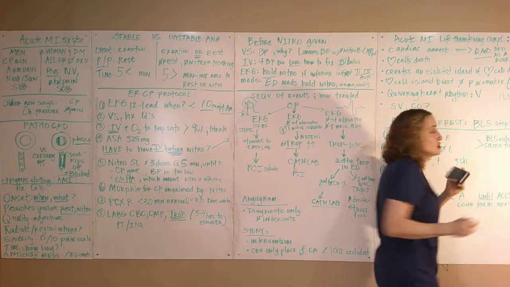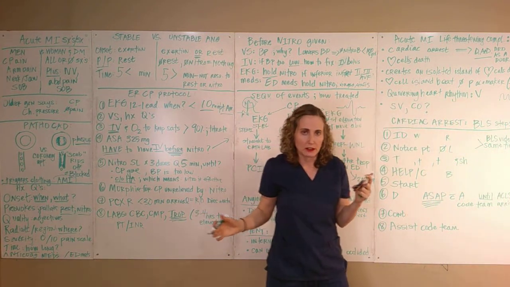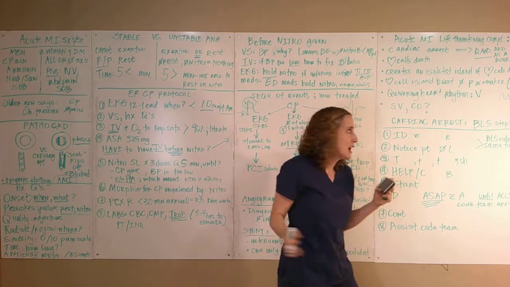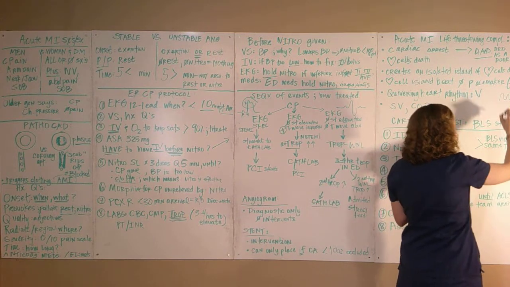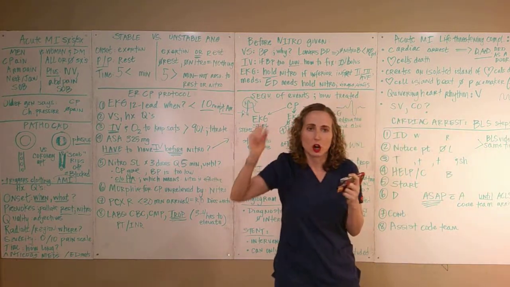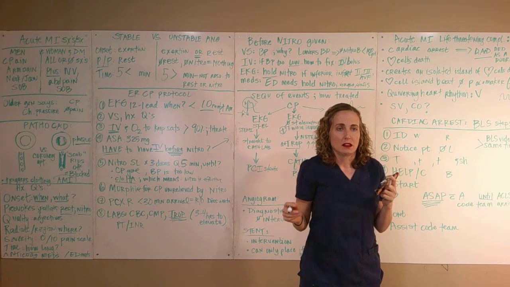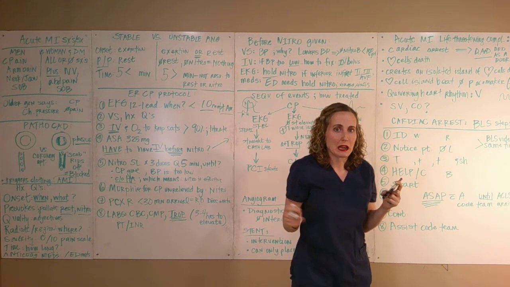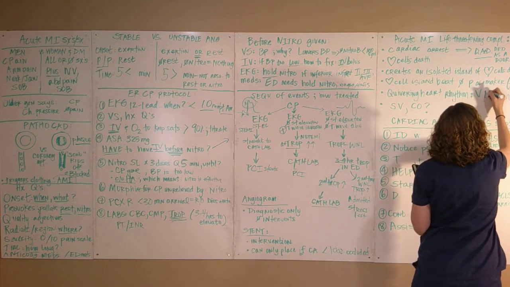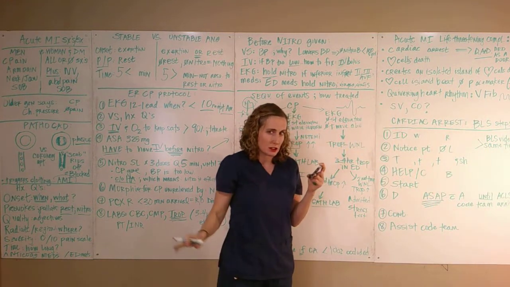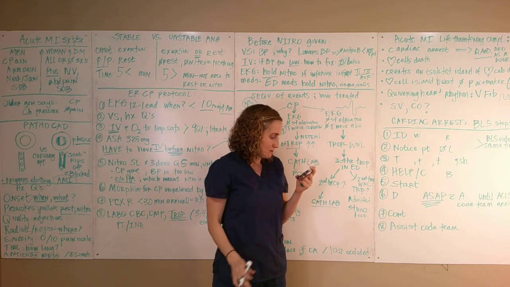When the heart is quivering, that is called what? It's a funky rhythm. It just looks like garbled nonsense. There's no recognizable P waves, no recognizable really anything. It's called V-fib or VF, okay? Starting to come back to you from BLS class.